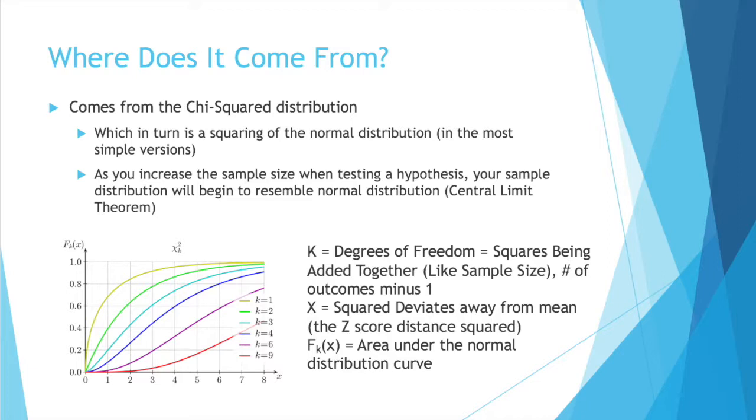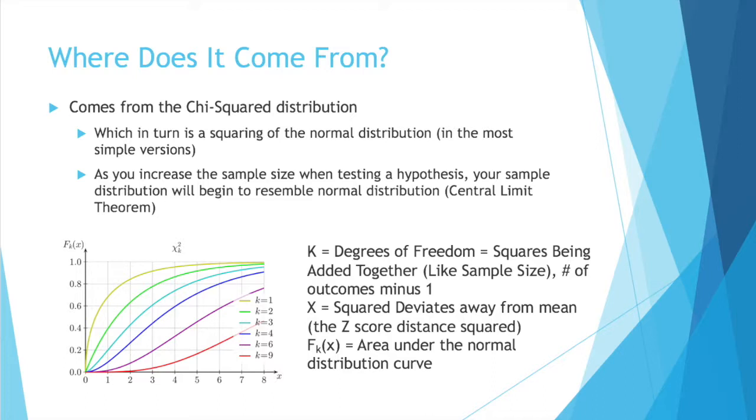What's the square root of 4? 2. So think back to your normal distribution. If you're 2 standard deviations away from the mean in normal distribution, you're capturing around 95% of all possible outcomes. Just like the value on that top line, everything underneath it is about 95%.